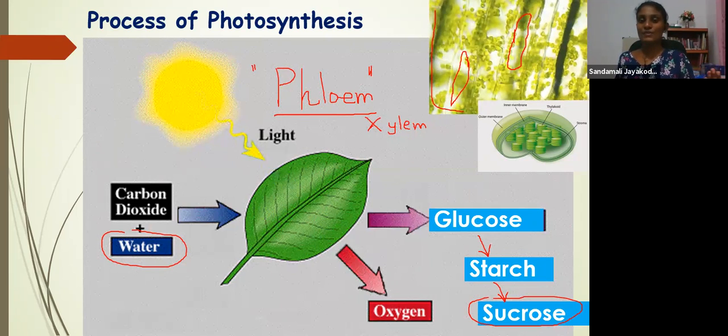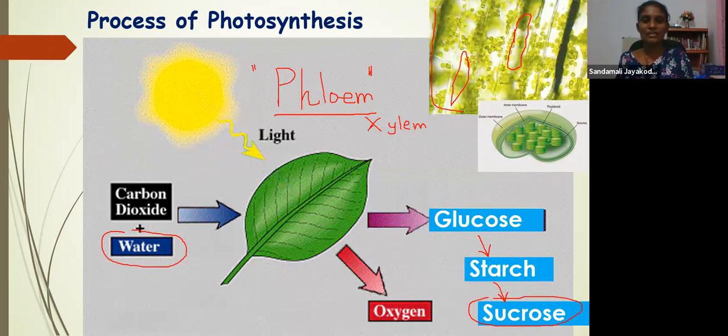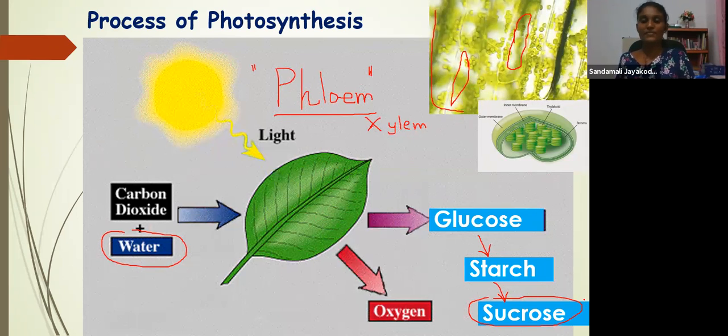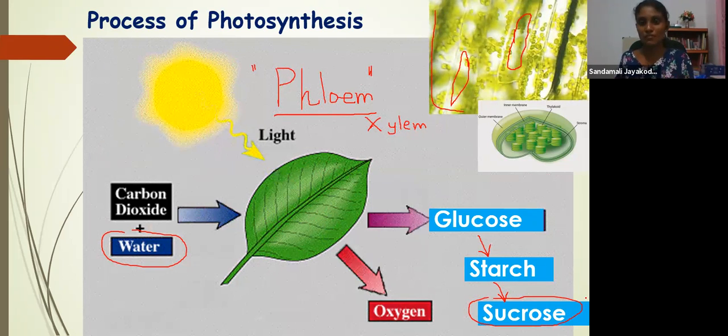If this sucrose is going to be stored in a yam, or in a manioc, or something else like a potato tuber, in that way it is converted again into starch and stored there. And if it is a ripening fruit, it is going to be converted into another simple sugar molecule like fructose, that is named as fruit sugar.